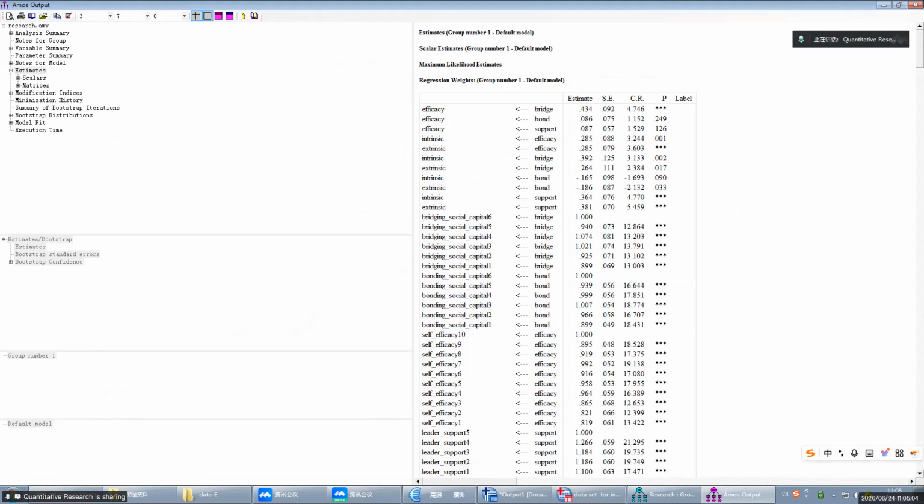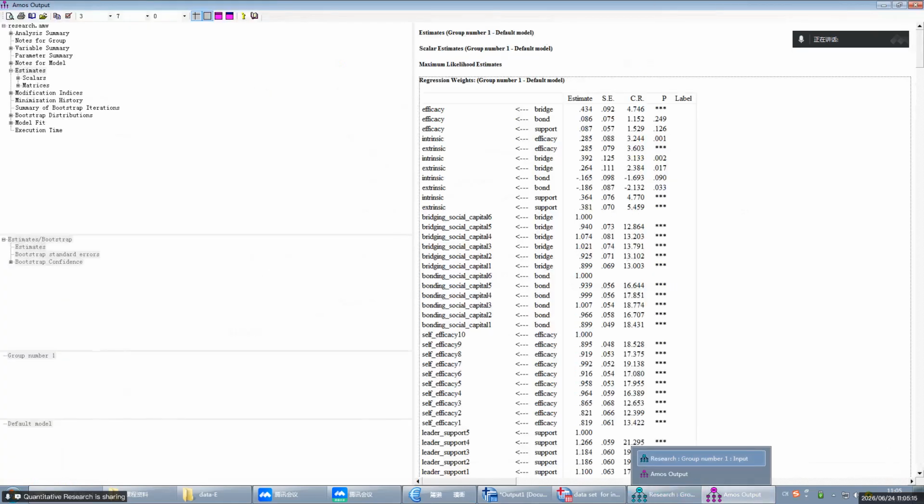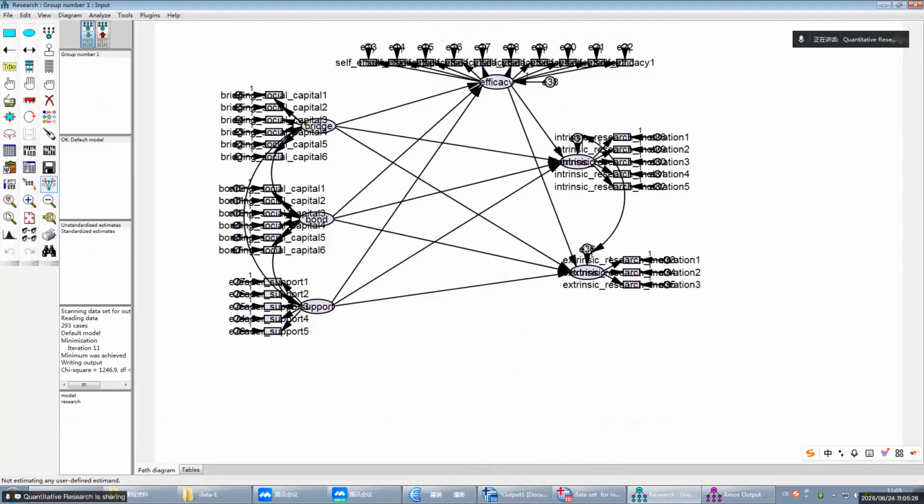This is from mediator to the outcomes, right? Next, bridge, bond, support to intrinsic and extrinsic. This is from predictor to the outcomes, right? All of them are direct relationships.